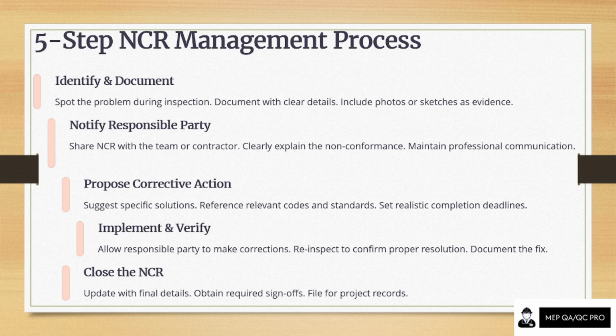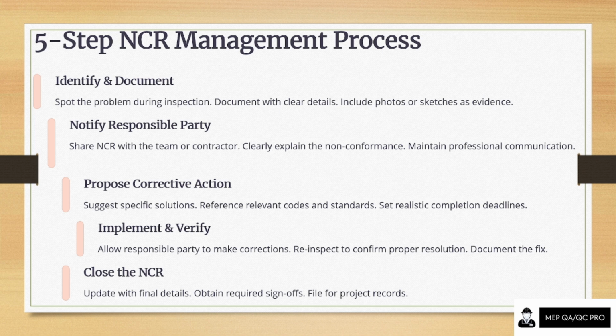The first step is identify and document. Spot the problem during the inspection. Document it with clear details, and include photos or sketches. Whenever you are raising or getting an NCR, there is a description, a document with clear details about the problem, along with sketches and photos. Sketches means the approved drawing or the IFC drawing.